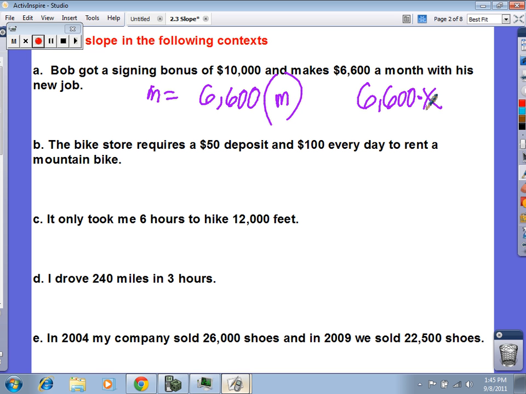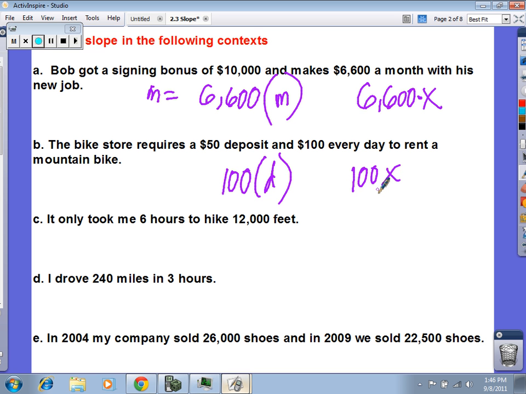The bike store requires a $50 deposit and $100 every day to rent a mountain bike. Jolt, what's the change? What's changing? For every day. So how much is it changing every day? $100. Write it down. Every day for D, 100D, or that's the same thing as 100X. But here's the question.